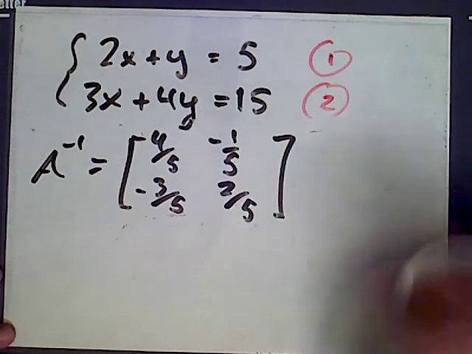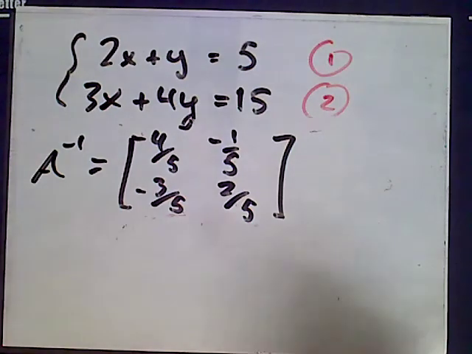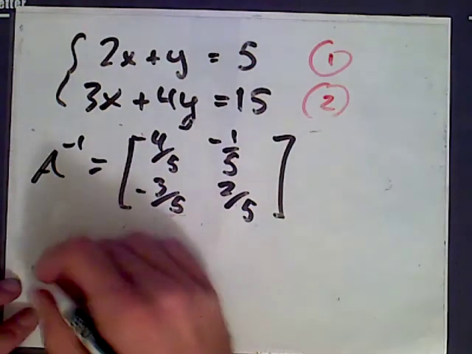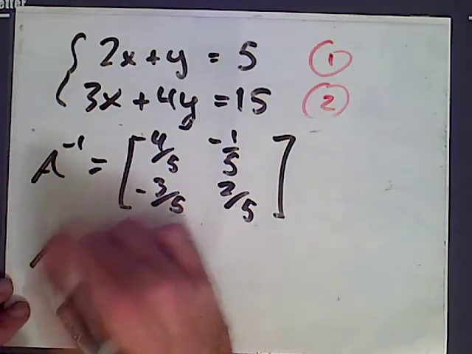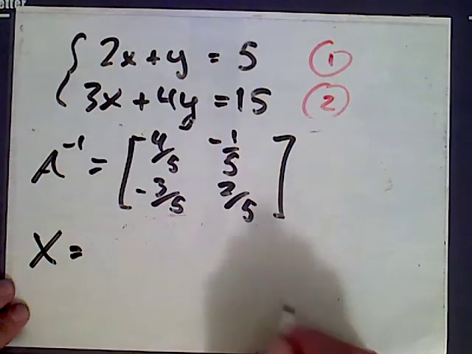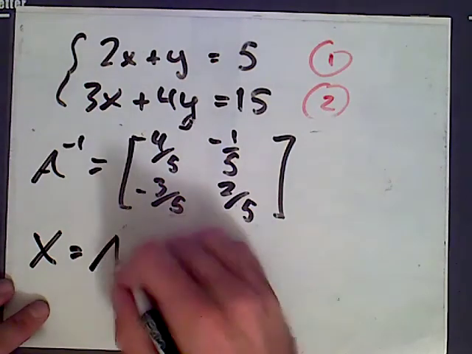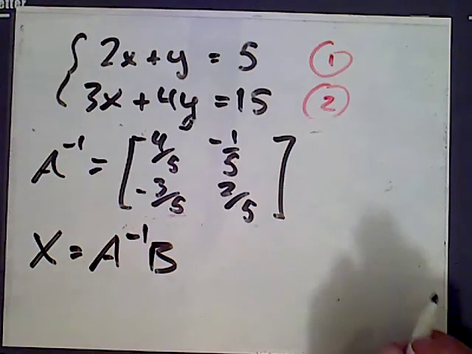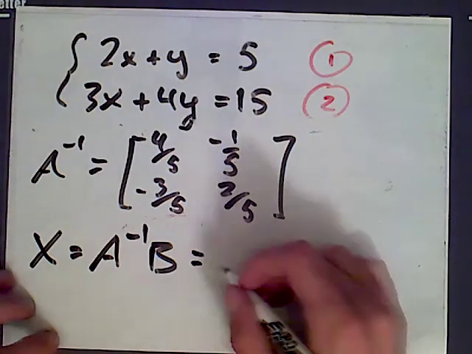Going back to what I said before, A inverse has the property that it can give you the solution set X as follows. This was explained a little while ago.